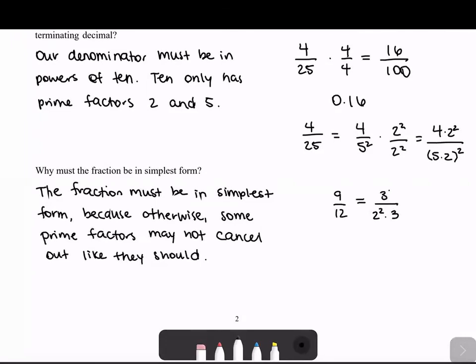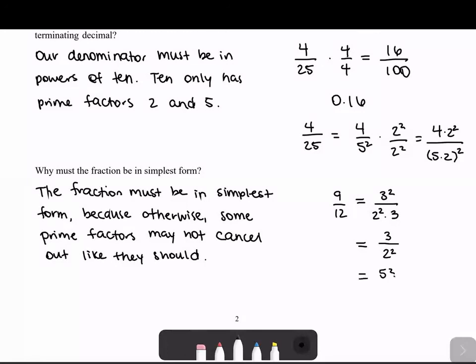The prime factorization of the denominator has 2's and 3's, right? It's not 2's and 5's, so that means that this isn't terminating. However, if we were to cancel out one of those 3's, then we would see this is the same thing as 3 over 2 squared.